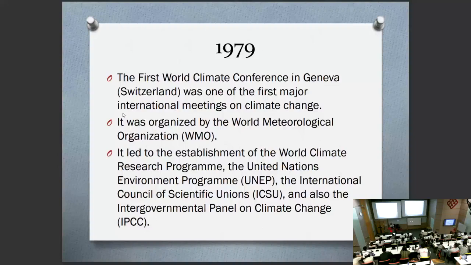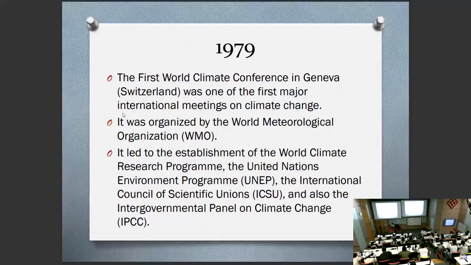But back then, there was not much awareness about this issue. So until the 1980s, there was some concern, and then the scientists really had the evidence, had some measurements to prove that the annual mean temperature is actually rising.